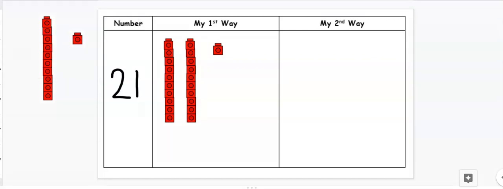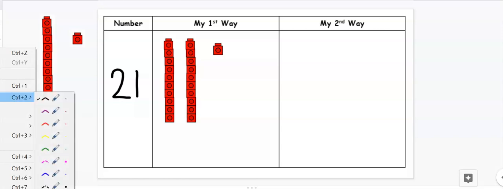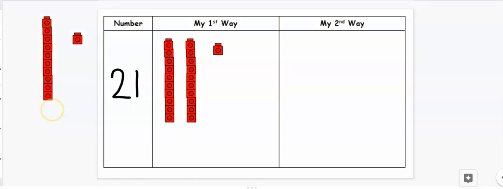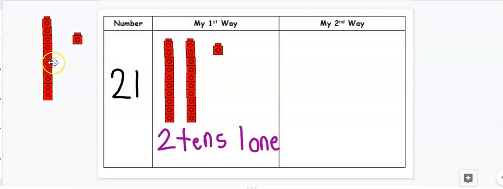Okay, so now I have 2 10s. And how many 1s do I have? I have 1 1. Only one of them.